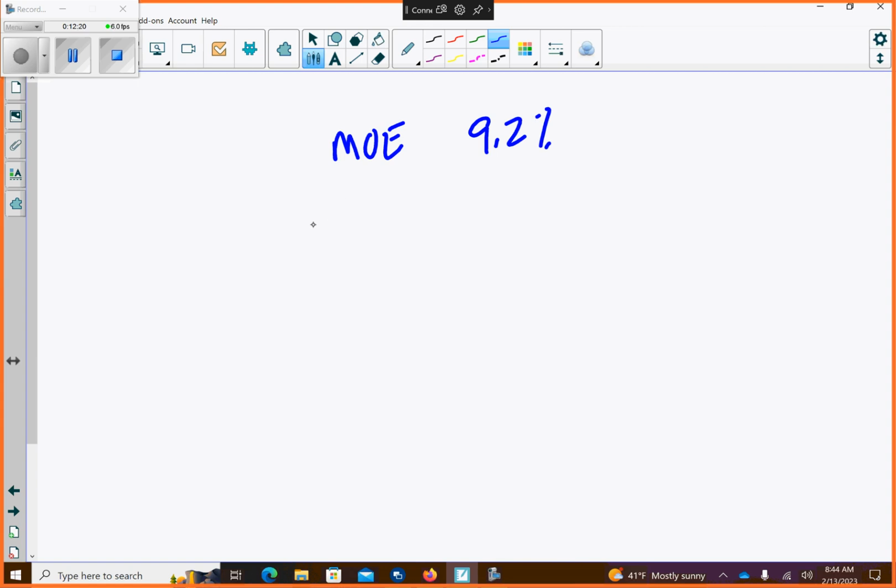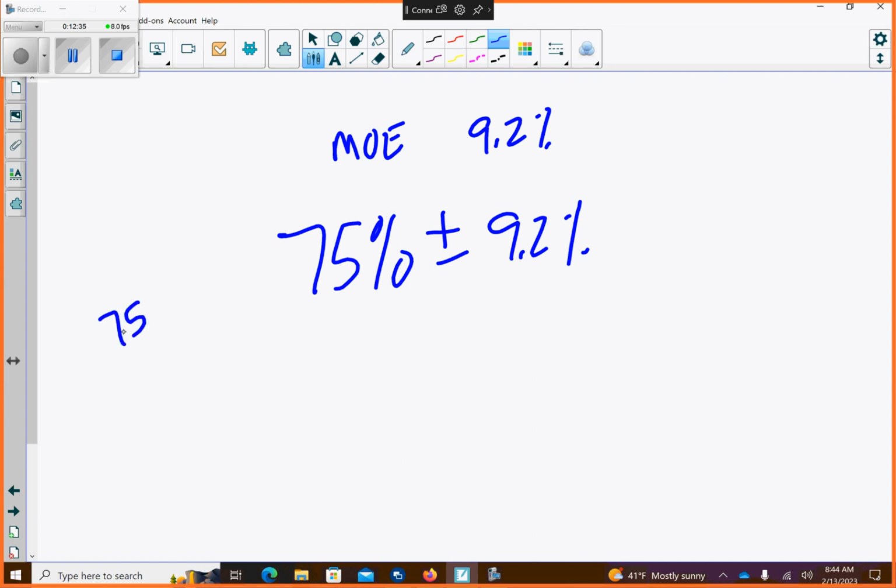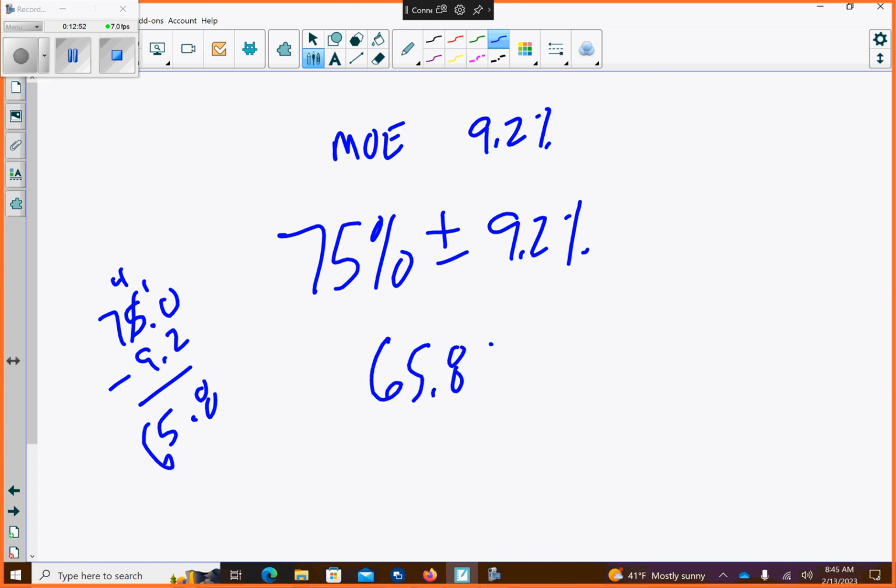So we already know that we have 75% of the people that wanted to vote for this. And we're going to say plus or minus 9.2%. So that gives us 75 minus 9.2. So that's 65.8% to, and then I'm going to add those together.